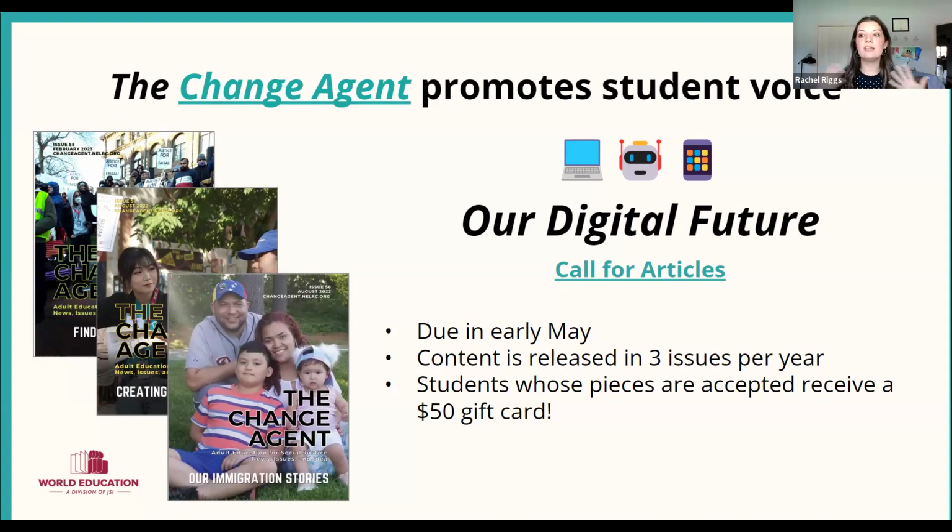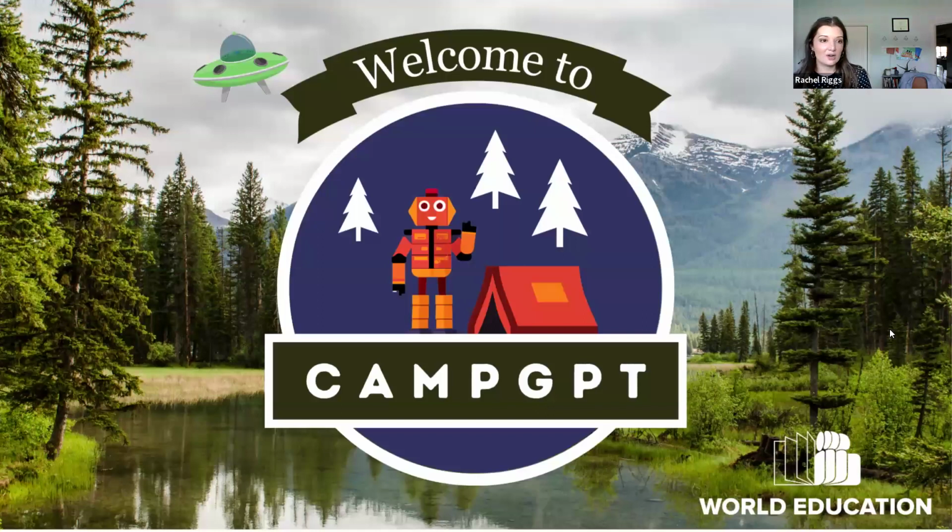So before we even begin to learn together about technology, about AI, I wanted to call out that we could also engage our learners in some of these same conversations and have them share their stories of what they think the future looks like or how they interact with technology today through the Change Agent. The deadline is May 2nd. So please, if you think that's exciting, you want to have your learners submit something, you can check that out on the Change Agent website.